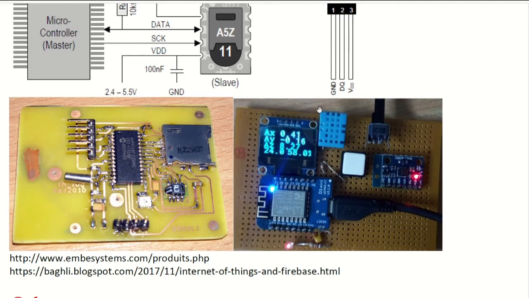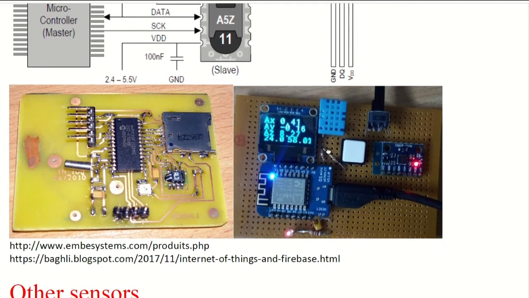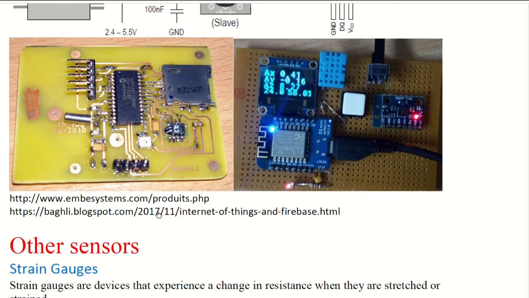This is the DHT11 with a WEMOS ESP8266 microcontroller, and other parts like an inertial measurement unit and an OLED screen. So you can find some information on this.